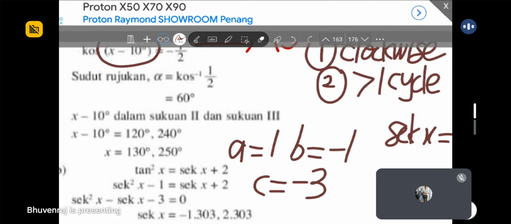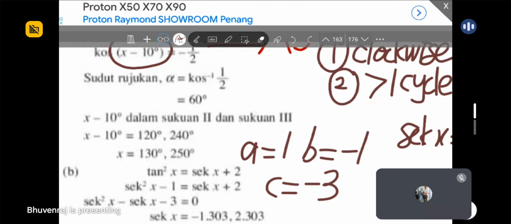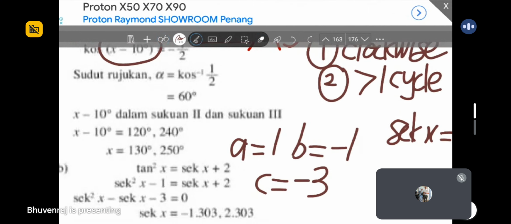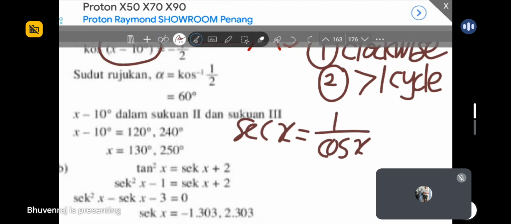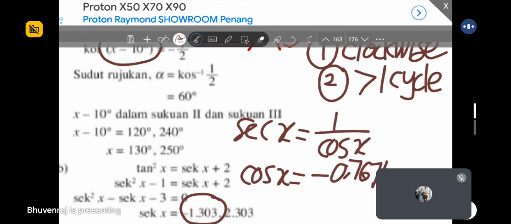Now you guys must think and see. Are both of these answers acceptable or not? Adakah kita boleh terima dua-dua ni? So how to check? You must see your identity. Secant x is equal to 1 over cos x. For the first value, nilai pertama, you take 1 over the answer. So you will get cos x equal to negative 0.7675.